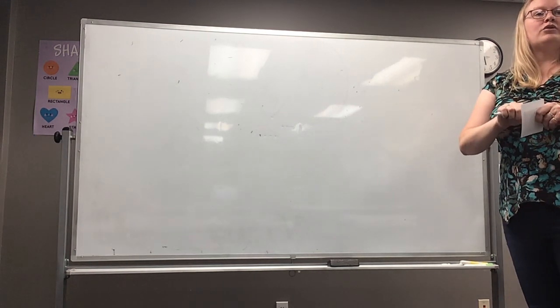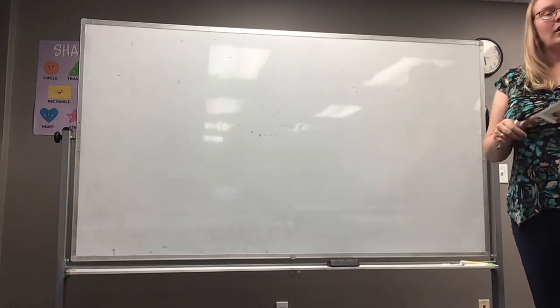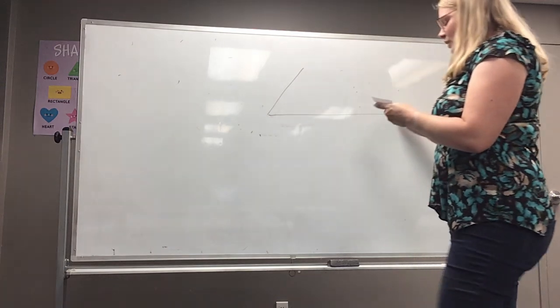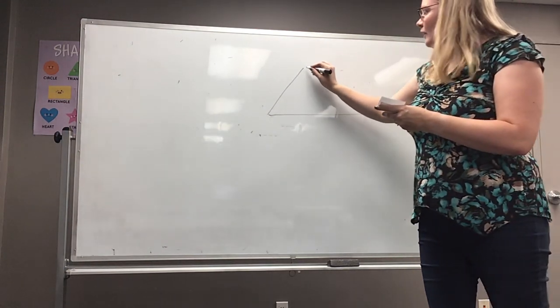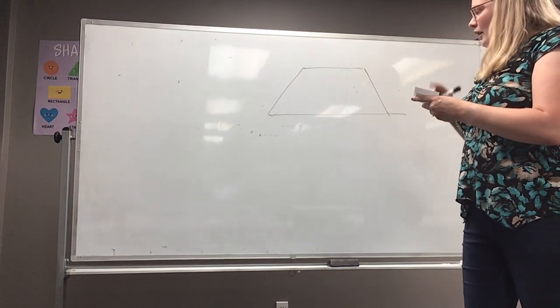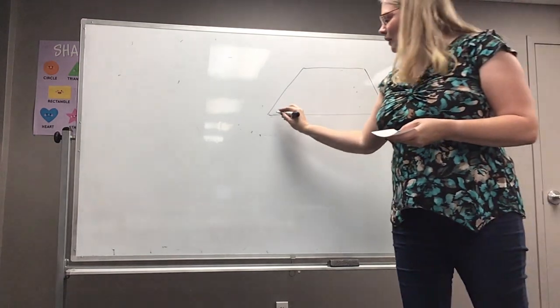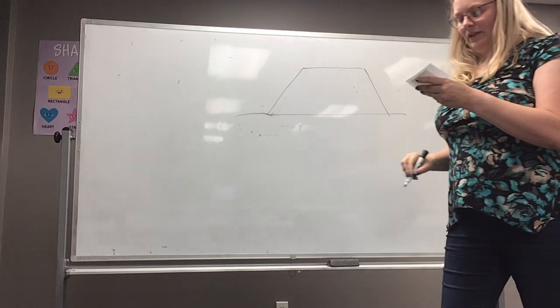So now, question 40, similar to our parallelogram question, but now we have a trapezoid. So we're still in quadrilaterals, but we've switched up our information. We have a trapezoid. It's not necessarily isosceles. My drawing happens to look that way, but it's not necessarily that.